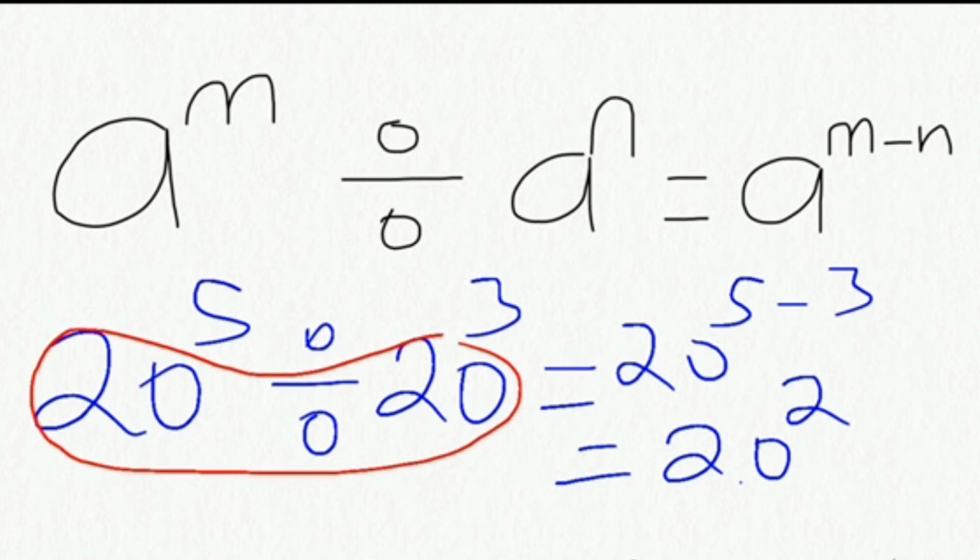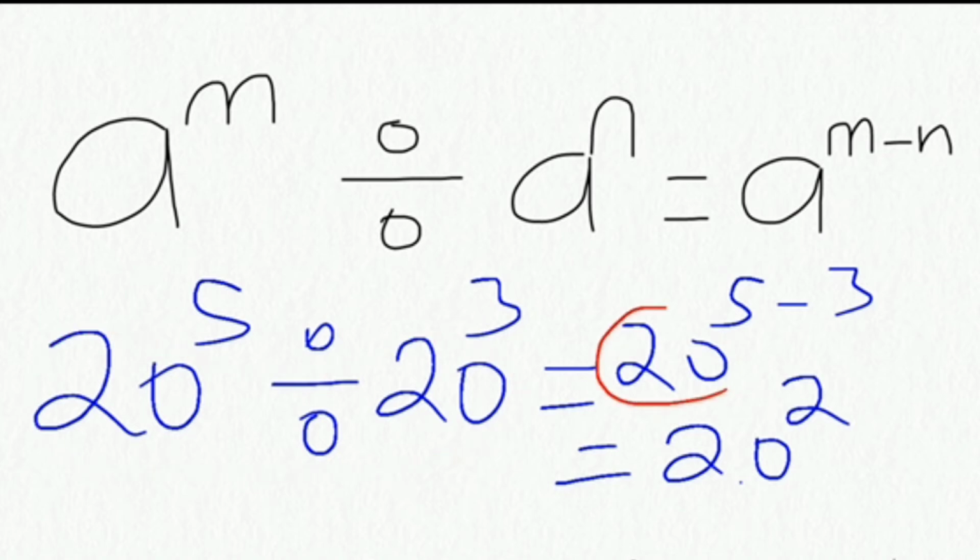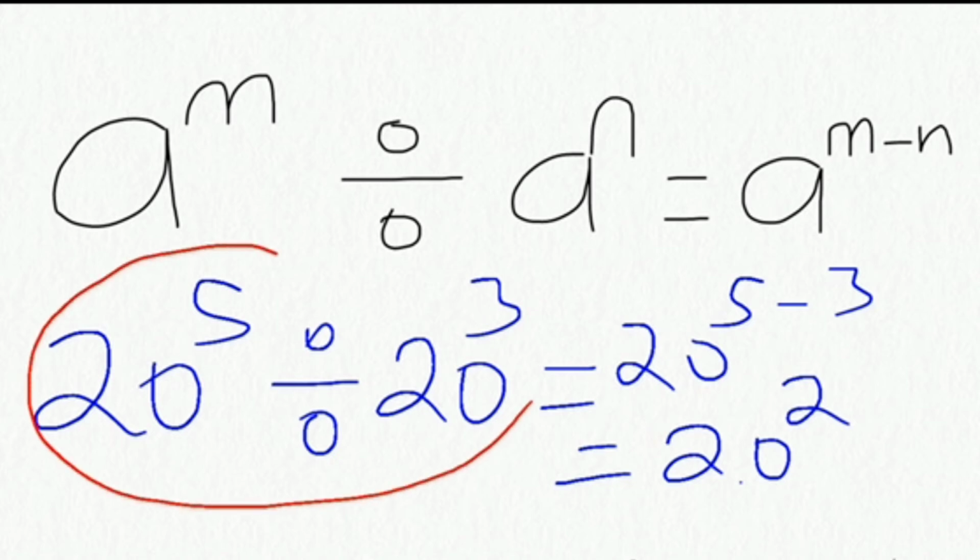I just have to write one 20, and then subtract these indices because there's a division sign. 5 minus 3. And 5 minus 3 is equal to 2. So the answer is going to be 20 squared. This 20 squared is the same as 20 to the power 5 divided by 20 cubed.